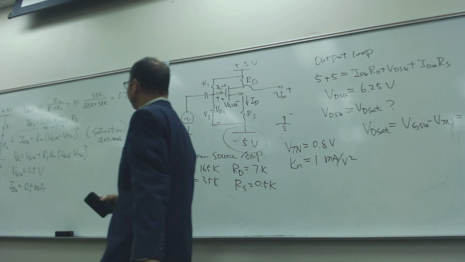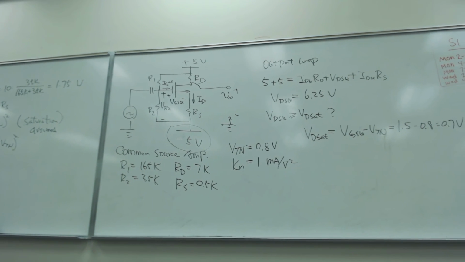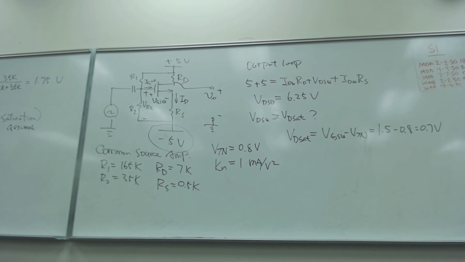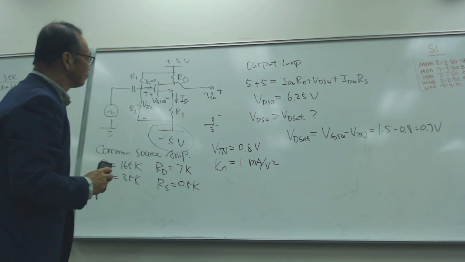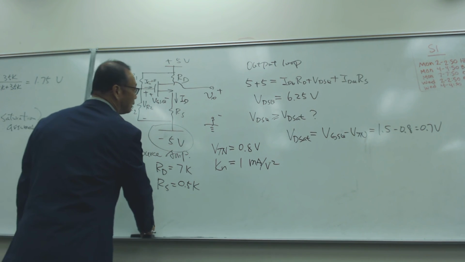Questions so far? No question. I'm going to move on to the AC analysis. For your output loop, that 5.5, there's the 5 up there, and then how did you get the other 5? Was it just negative and negative?